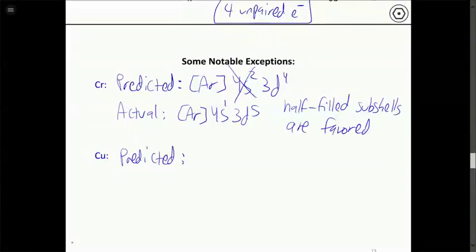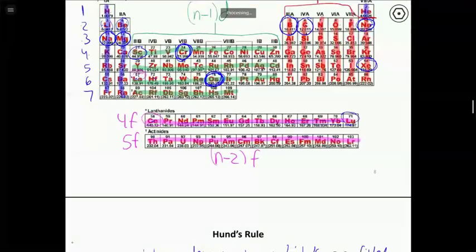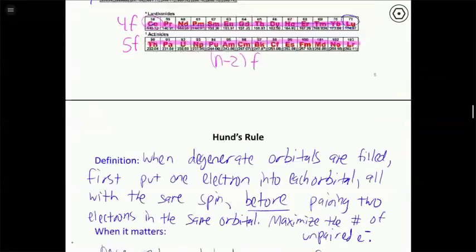So if we predict the configuration for copper, argon is still the nearest noble gas, but then we're towards the end of the 3d block over here, atomic number 29. And so we do 4s2 once again, and then we do 3d, 1, 2, 3, 4, 5, 6, 7, 8, 9. Copper is the 9th element in the 3d block.